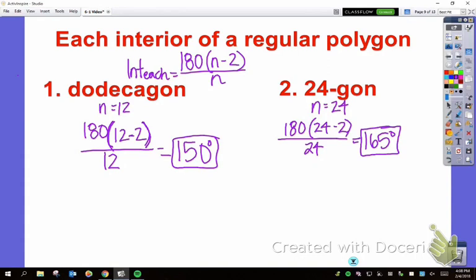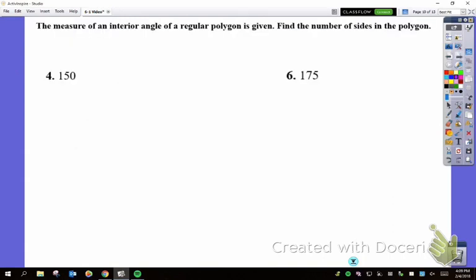Now, our next examples are still based off of this formula, but instead of giving us the number of sides, they're going to give us the angle that we were finding here. Okay, so look at number 4 with me. It says the measure of an interior angle of a regular polygon is given. Find the number of sides, which means we're finding n in the polygon.